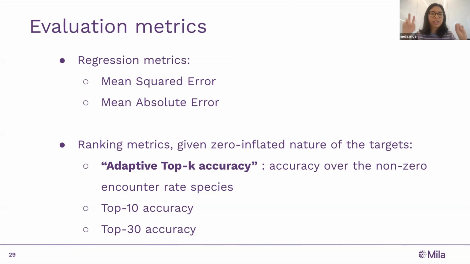So instead, we looked at ranking metrics, and the one that we were particularly interested in is what we call the adaptive top K accuracy.